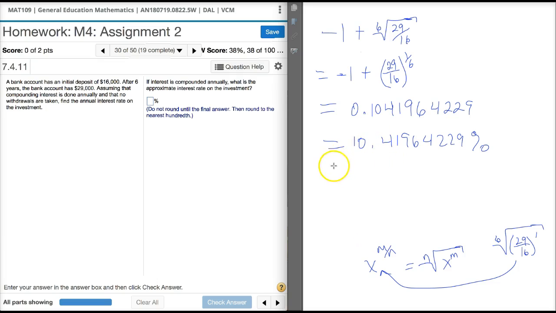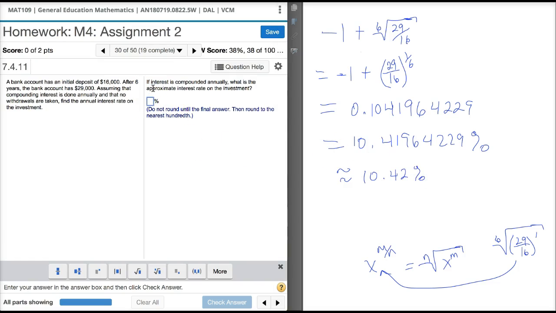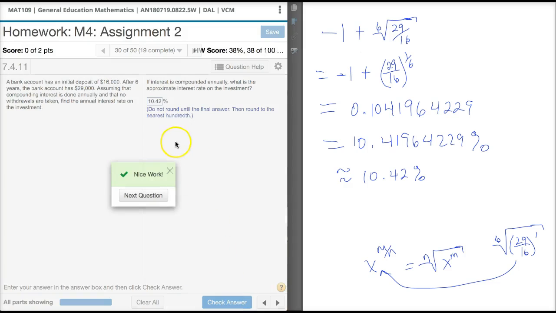And if we round to what is it, the hundredths place, so that's 2 decimal places, then this should be 10.42%. So here, since this is in percent form, we have to write this as 10.42. All right. So our last problem will be number 31, which will be our next question.